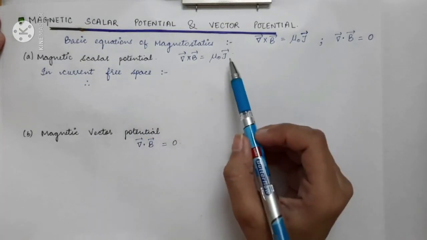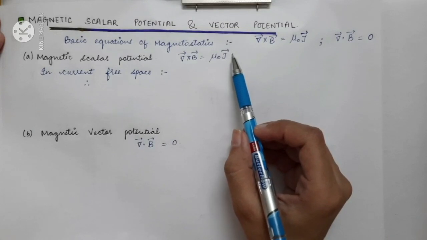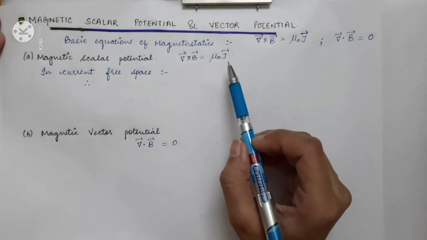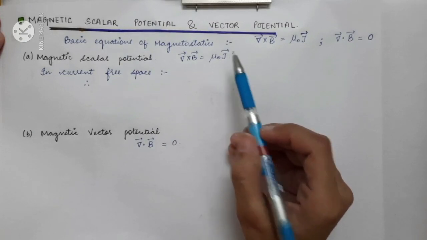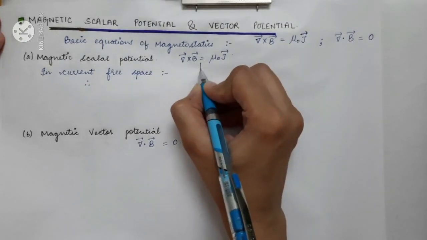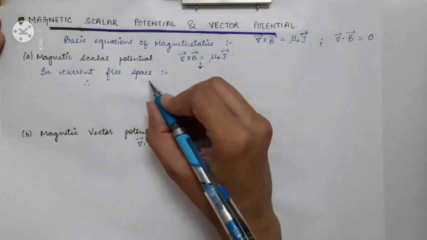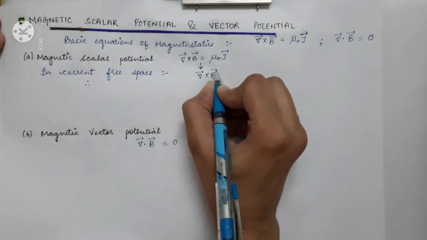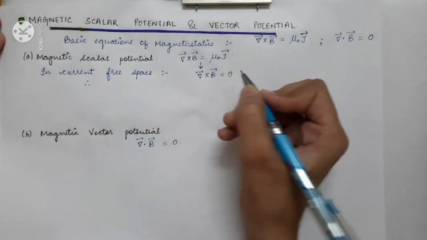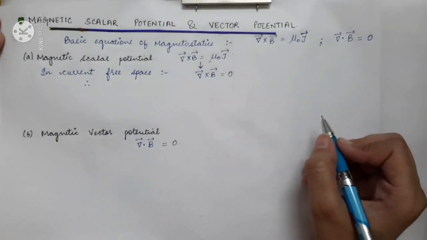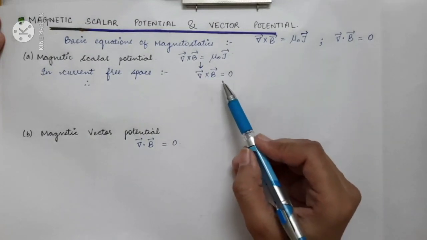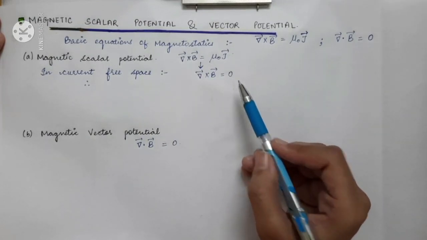In that case J vector will go to 0. So at points where there is no current, J vector can be put equal to 0, and this equation will become curl of magnetic field is equal to 0.